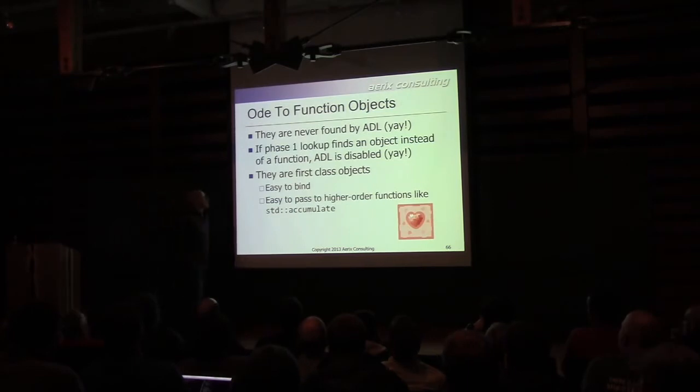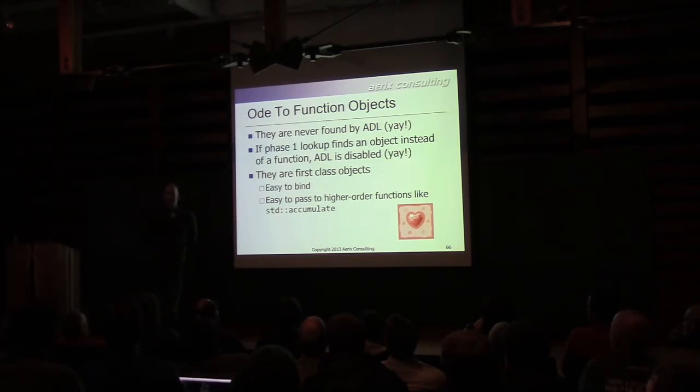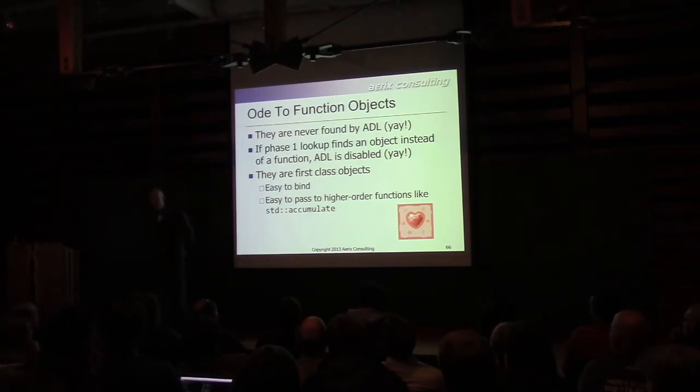So not only are they not found by ADL, but if phase 1 name lookup finds an object, then it's never going to do ADL at all. So no more name hijacking problems. And there's all this worry about qualifying all of your function calls if you don't want ADL.